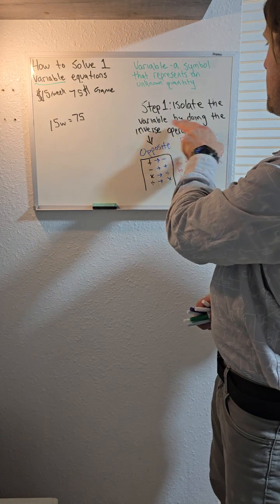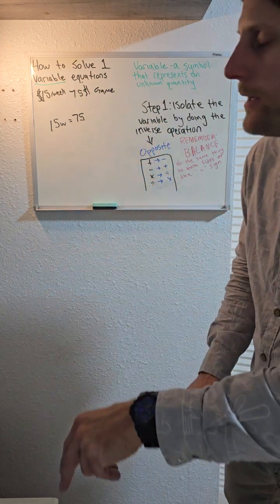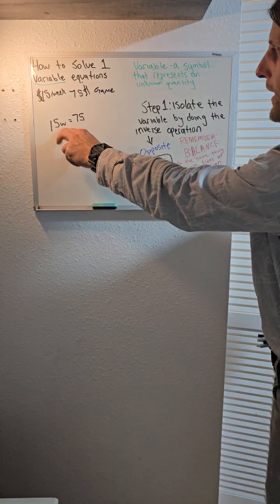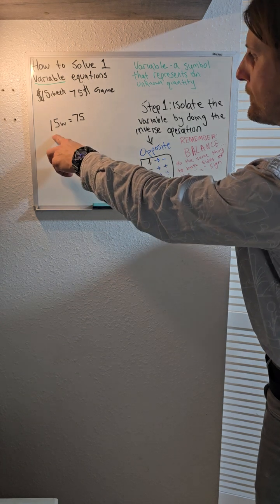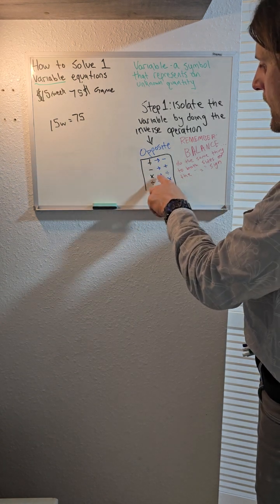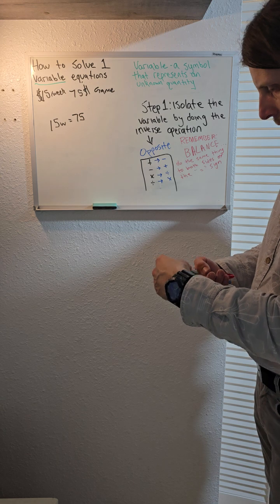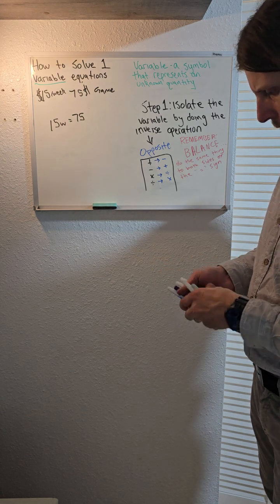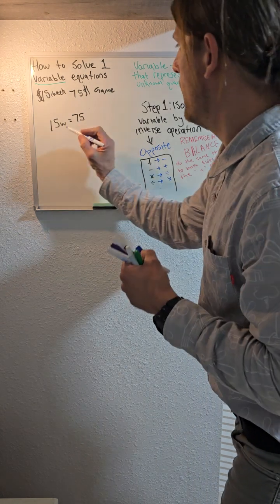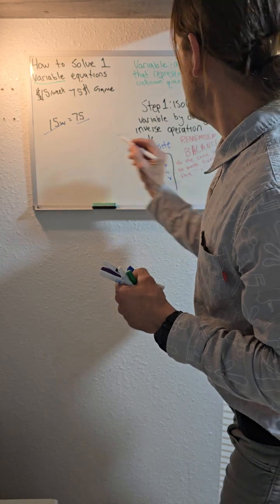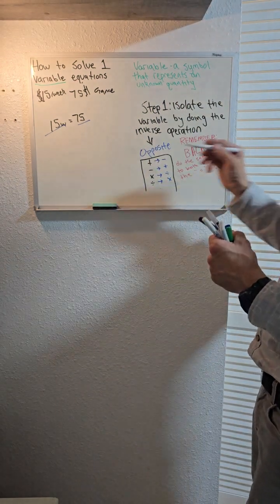Same thing. Isolate the variable by doing the inverse operation. We're timesing W times 15, so we would go ahead and divide both sides of the equal sign, because remember to balance.